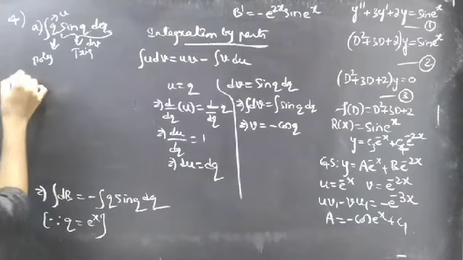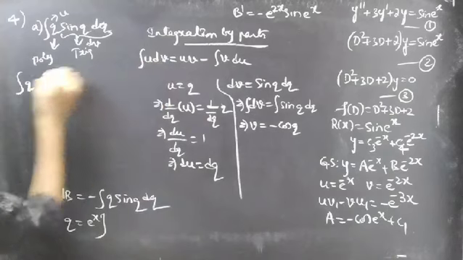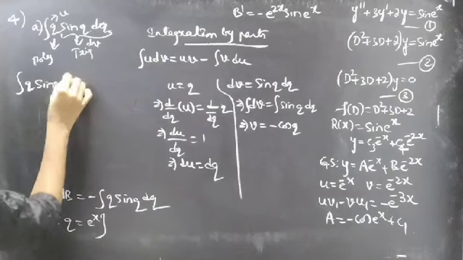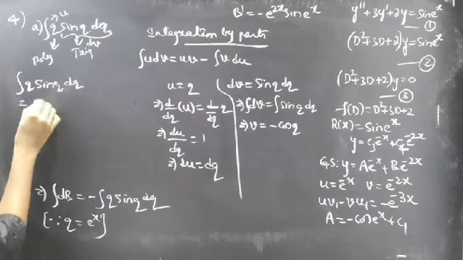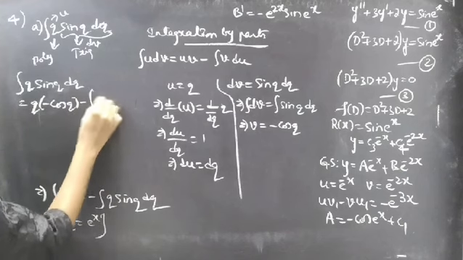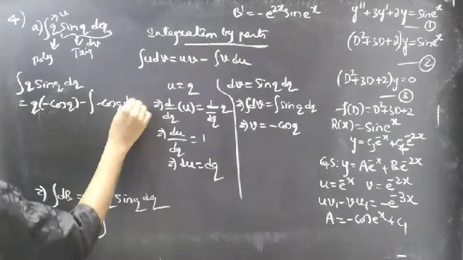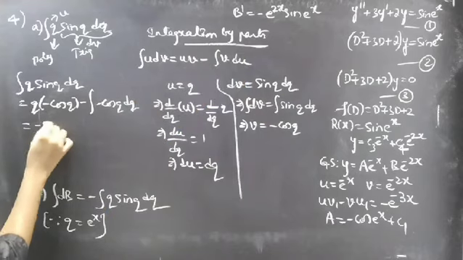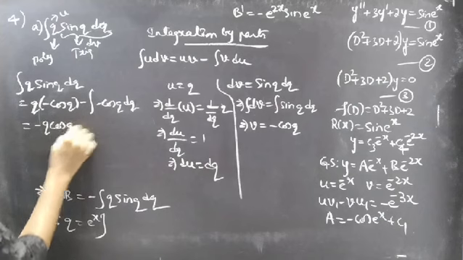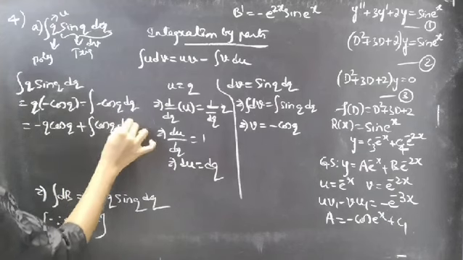Now apply this formula. Integral u, q, into dv, sine q dq, equal to u into v minus integral v into du, which is dq. This gives us minus q cos q minus into minus, plus integral cos q dq.